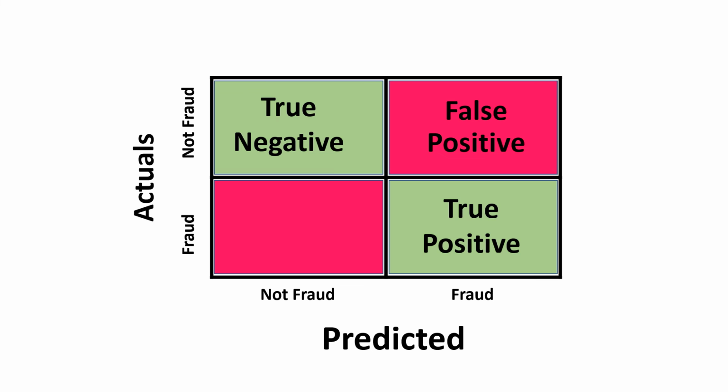Same over here: our prediction is negative, which is actually not negative. That means our prediction is false and hence we call it false negative. So this is our confusion matrix. We usually use this to measure the performance of our model in a more comprehensive way.